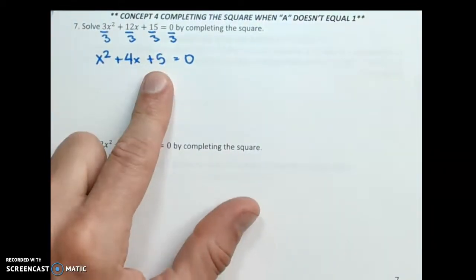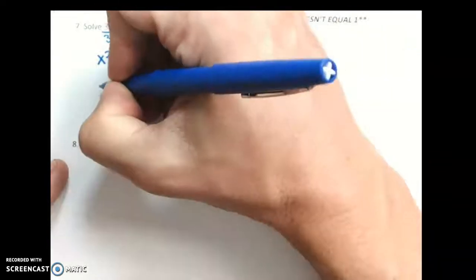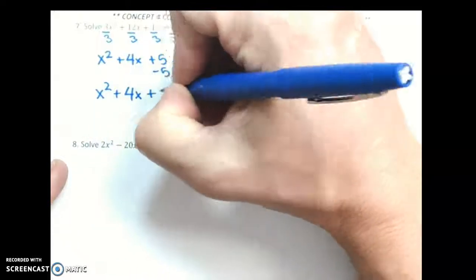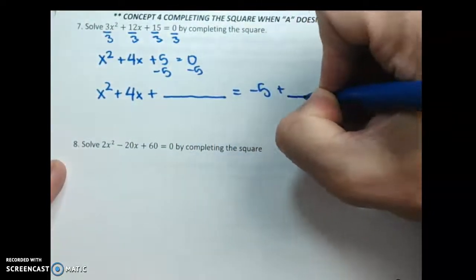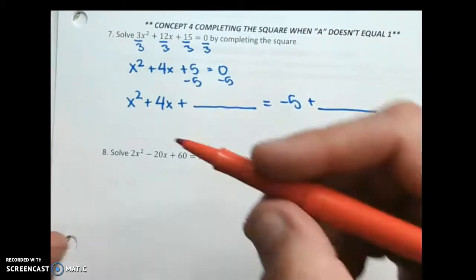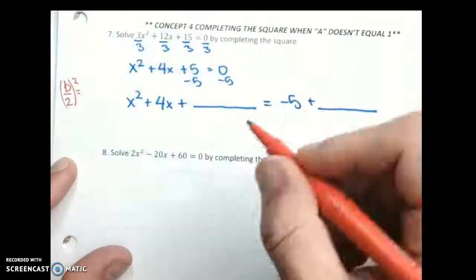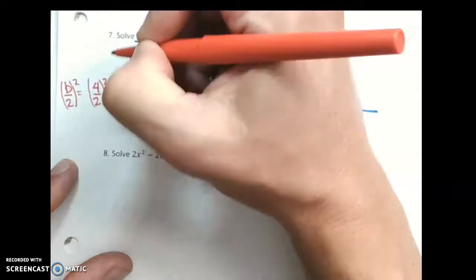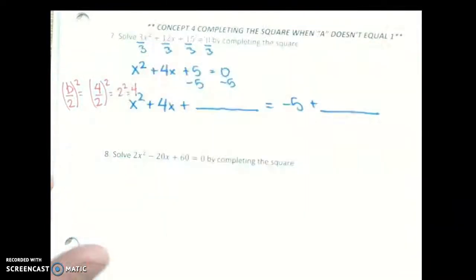Is 5 a perfect square? Nope, so I just go back to moving it on over to the other side, giving me x squared plus 4x plus blank, whatever I need to complete the square, equals negative 5 plus blank. So what am I using to complete the square? b over 2 squared. My b term is 4, so I have 4 over 2 squared, which equals 2 squared, which is 4.